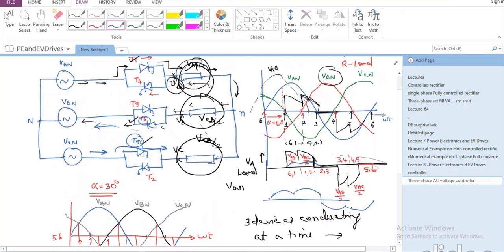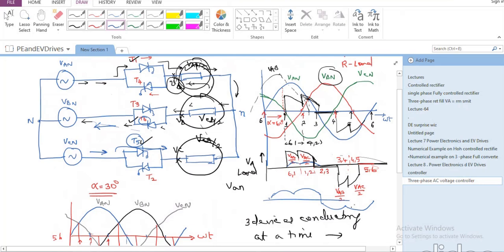So the inductive load waveform becomes much more difficult to analyze and arrive at exact values. Unless we do the simulation for R and L load, it's very difficult to say where phase voltage will appear, where line voltage will appear, how long it is going to continue.